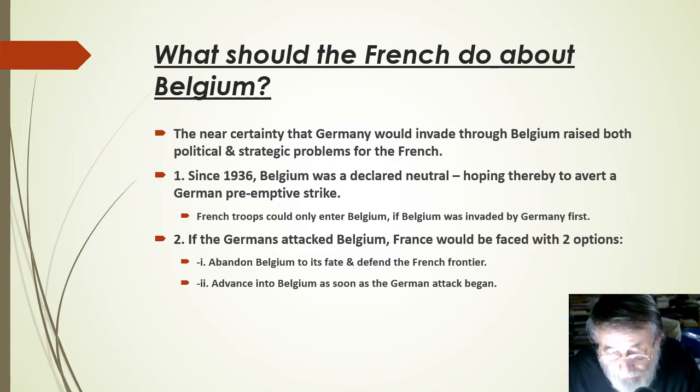If the Germans attacked Belgium, the French would then be faced with two options: either to abandon Belgium to its fate and defend the French frontier, or to advance into Belgium as soon as the German attack began.